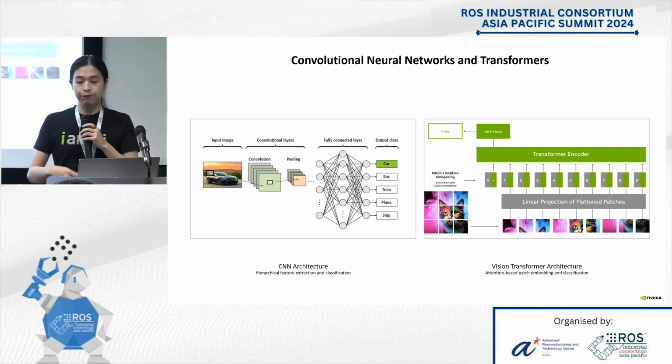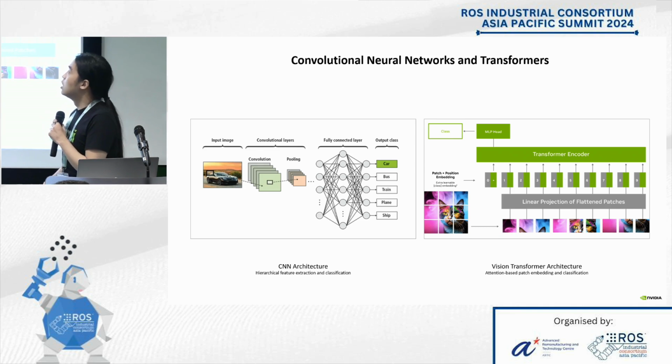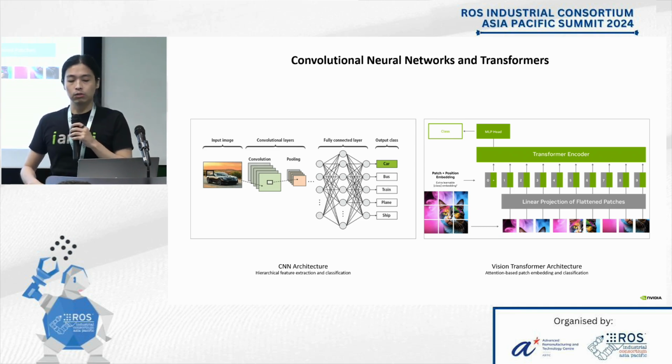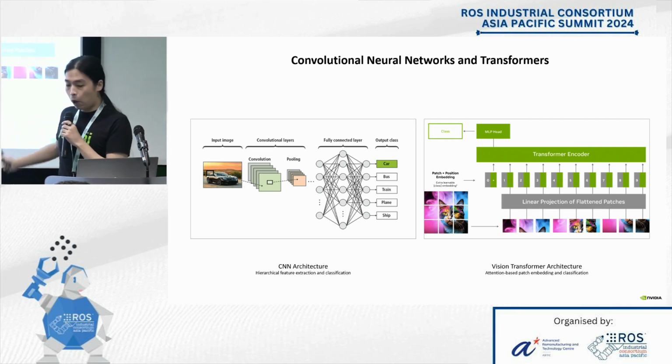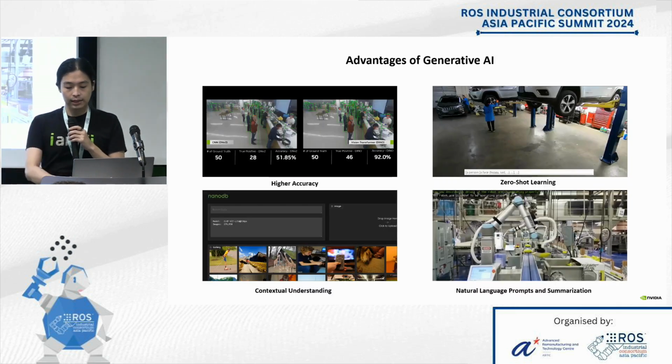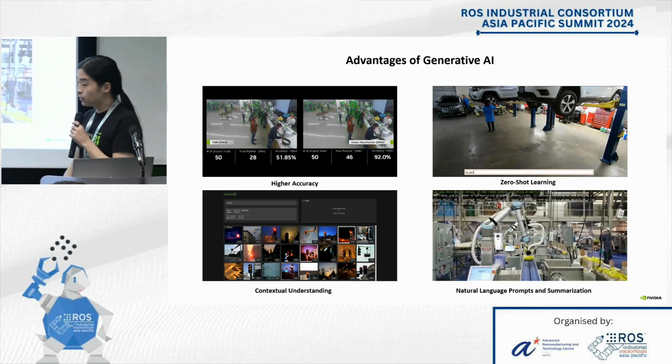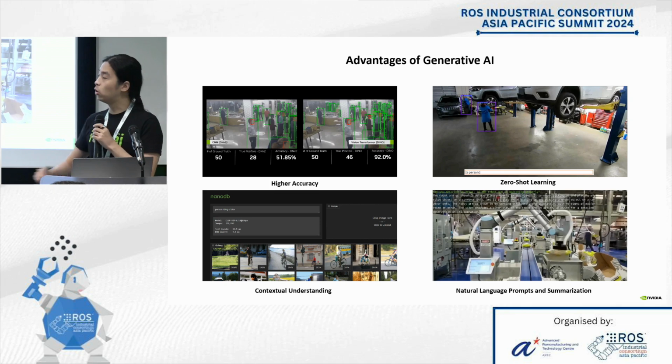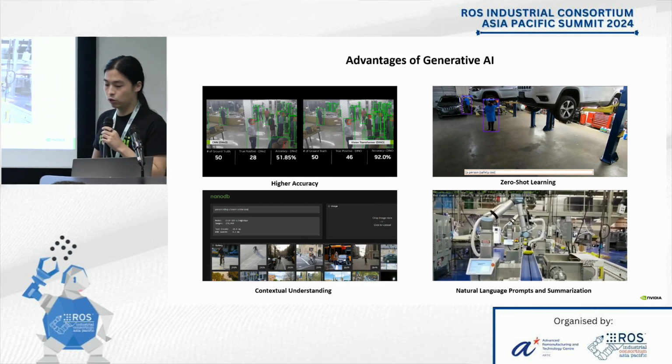So it can give you this information. This is what powers Gen AI, and it is powerful and has advantages in quite a lot of ways over our traditional CNN-based solutions.